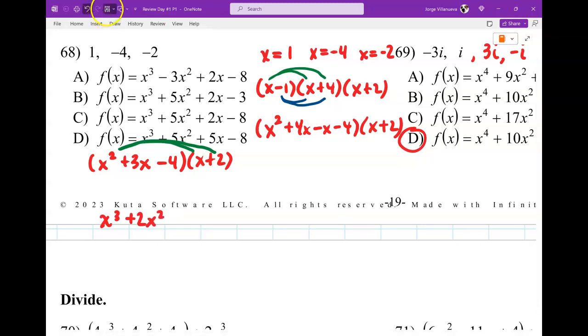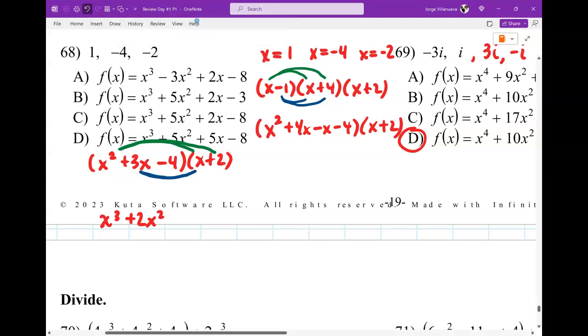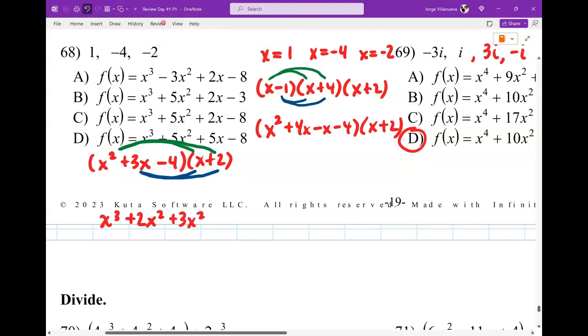Now let's do the middle term, the 3x. So 3x times x is positive 3x squared, and 3x times 2, that's 6x. Now I get to do the negative 4.